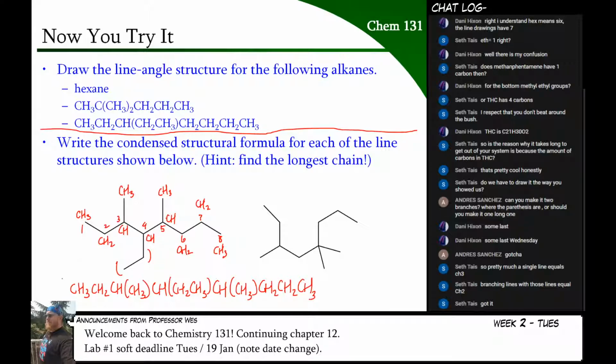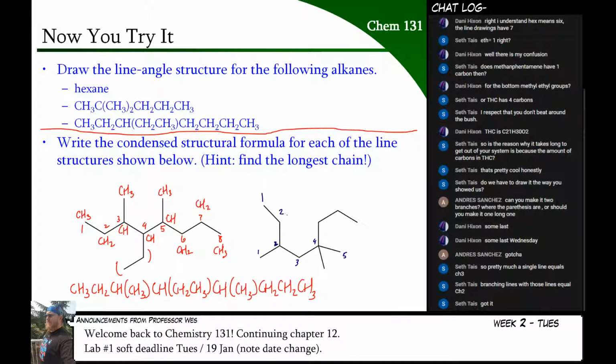All right. I don't want to erase that, so I'm going to get a new color. And we'll go over here. For this one, again, find the longest chain. So let's try and find that. So if I go 1, 2, 3, 4, 5, right across the middle, you might be like, well, maybe there's something longer. And there certainly is.